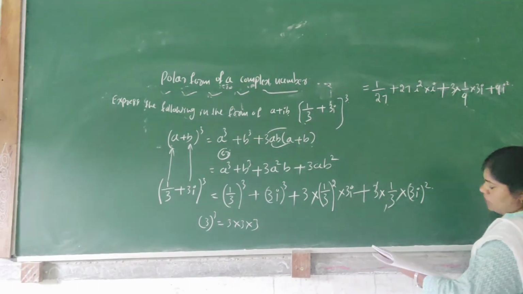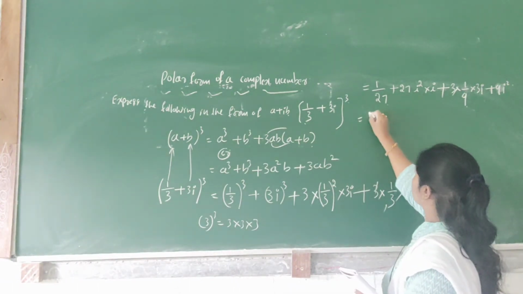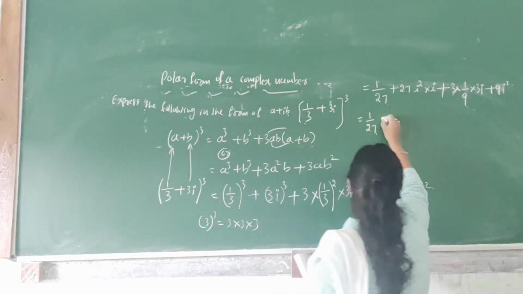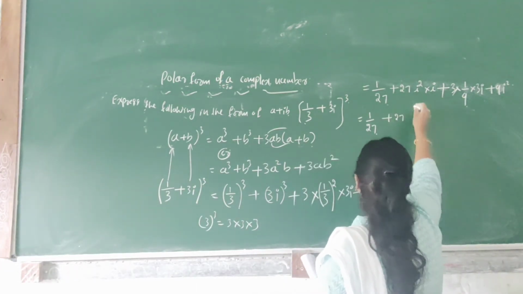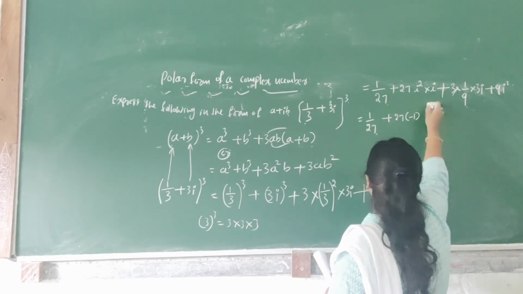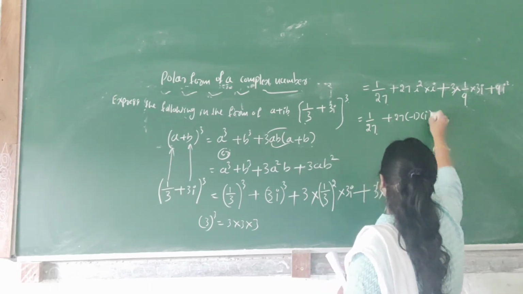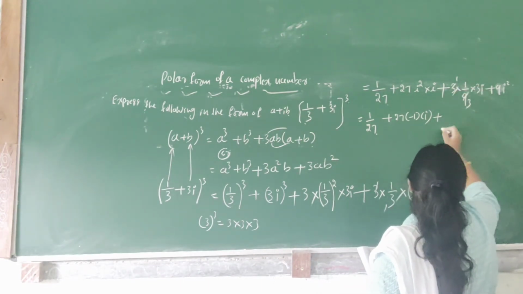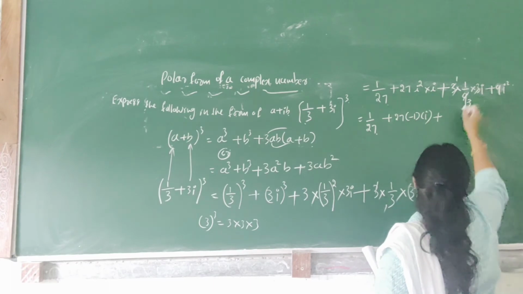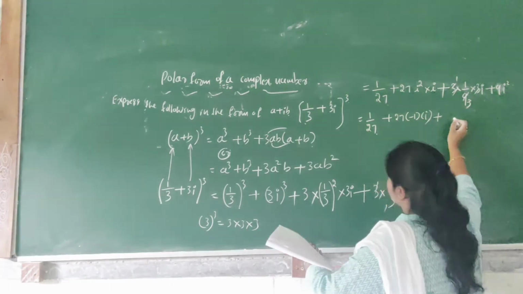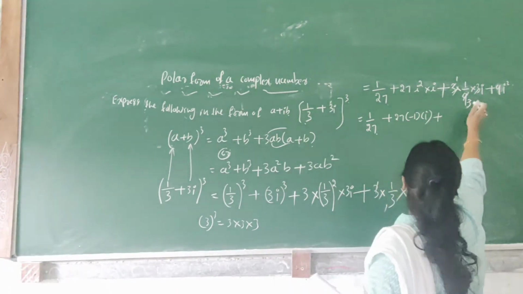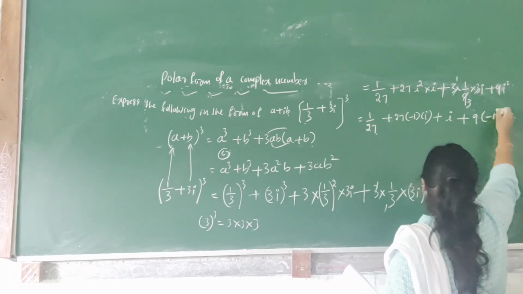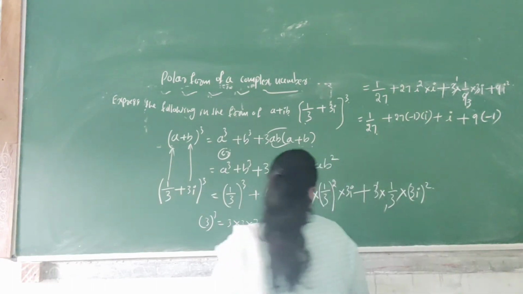So 3 into 3 will get cancelled, you get only i, plus 9 i square, whose value is minus 1.